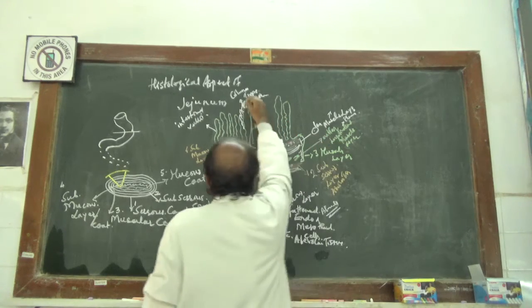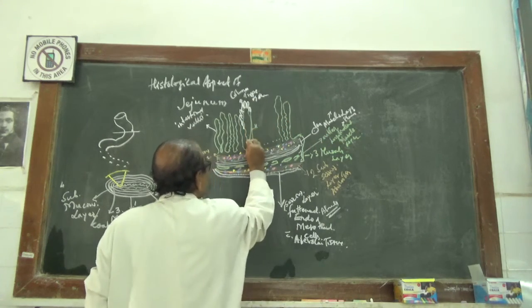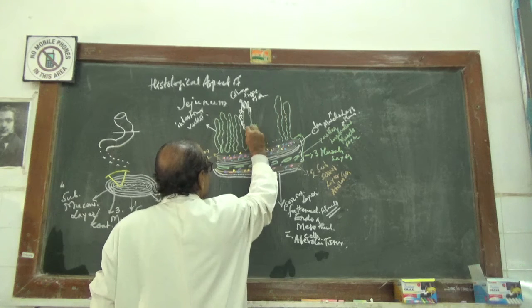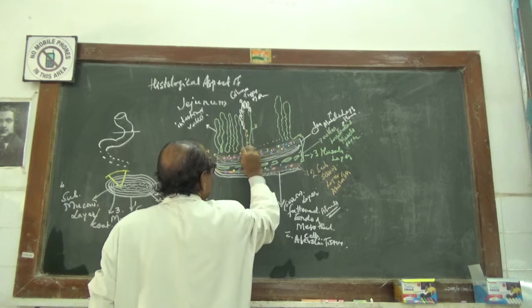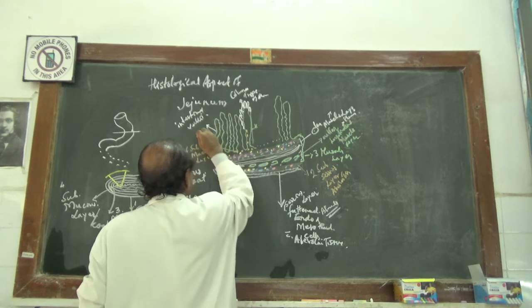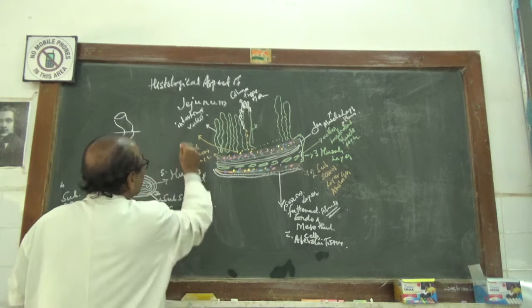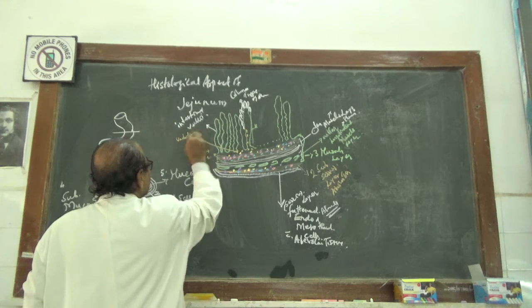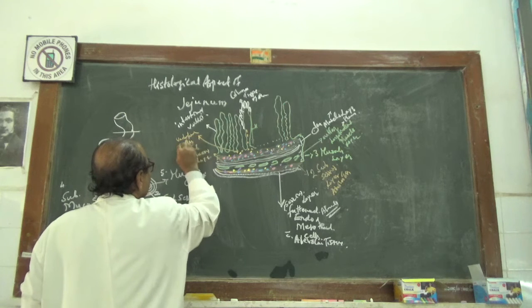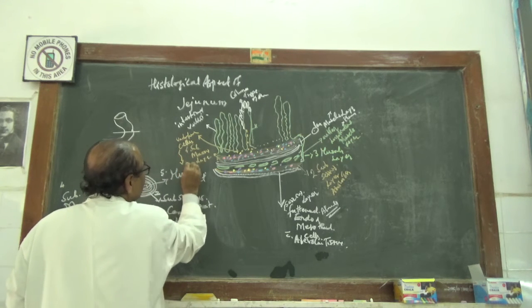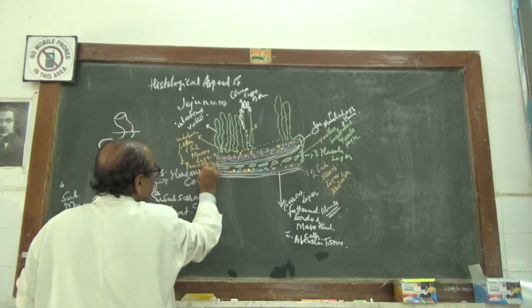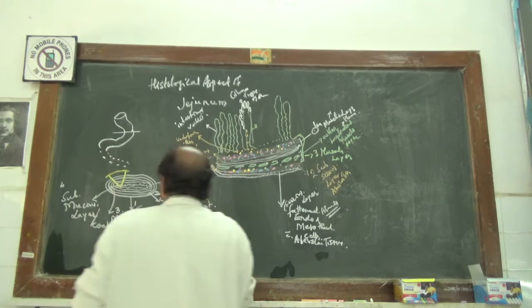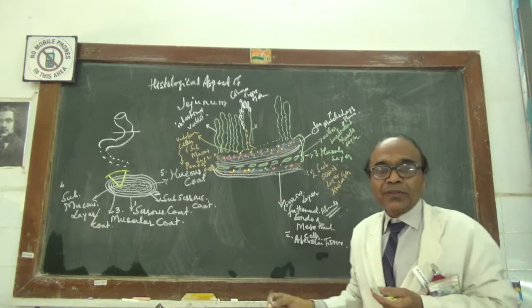Then in this mucosa, you have some cells which are there at the base of these mucosal cells. Those are said to be undifferentiated cells. These undifferentiated cells are called Paneth cells.